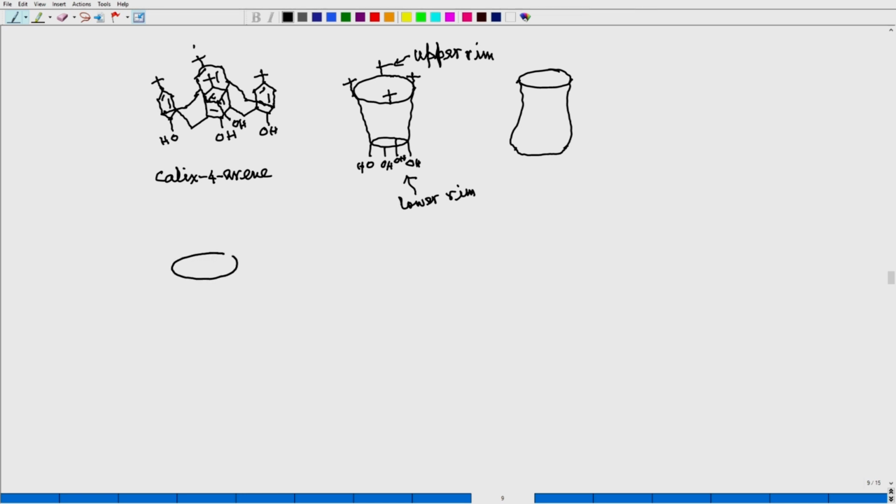Cartoon variety. To draw this picture is beyond me, is very difficult. You cannot do these 3D structures by hand, okay, but we can make these cartoons.